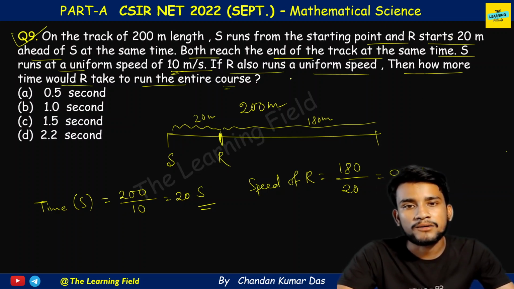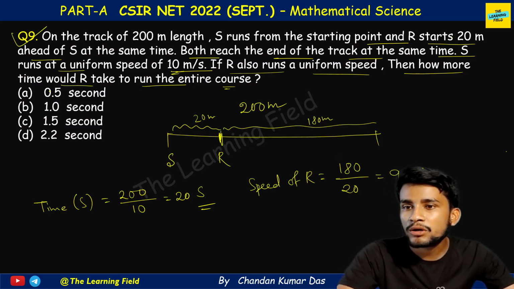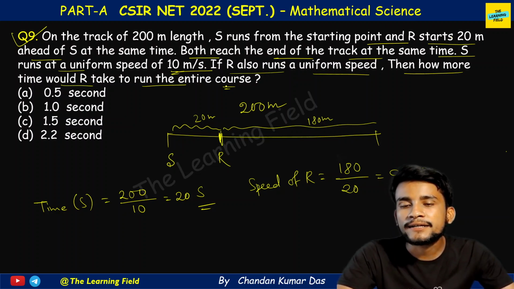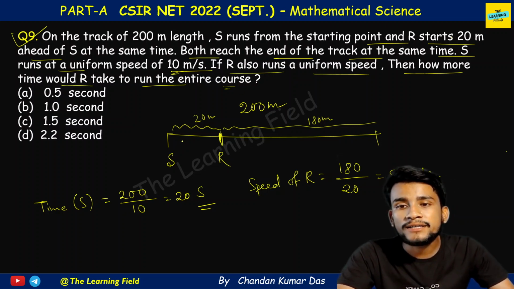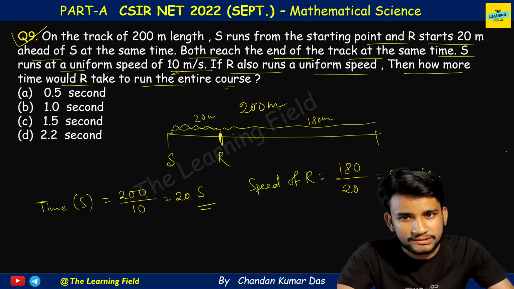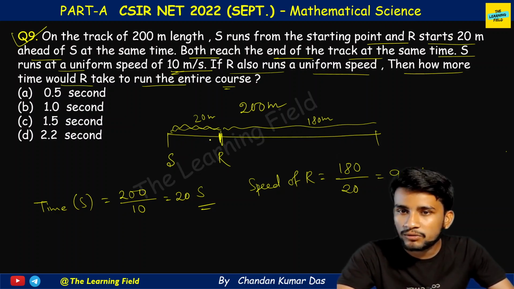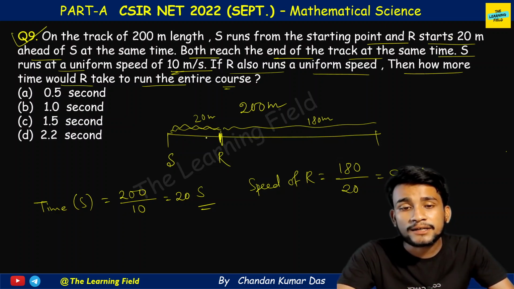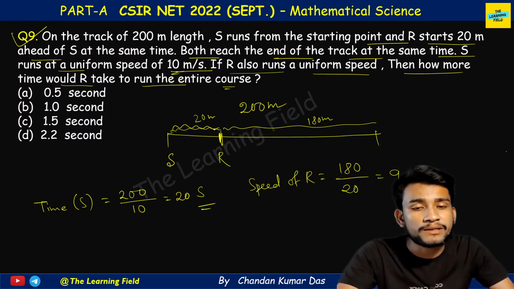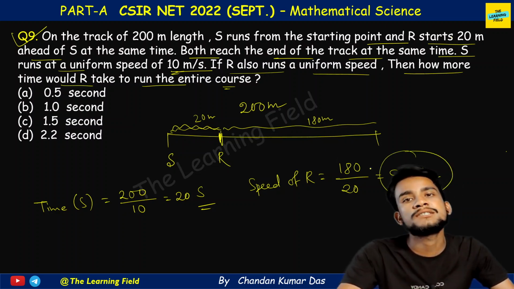Now we have to calculate how much more time R takes to complete the entire course. R only has to cover this remaining 20 meter distance, so we calculate the time taken to cover this 20 meter distance at this speed. This is the final answer.